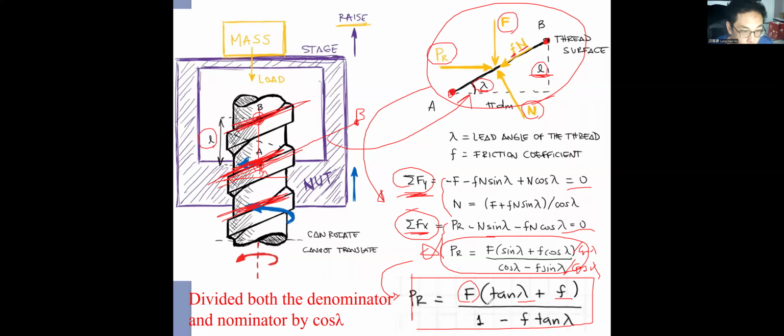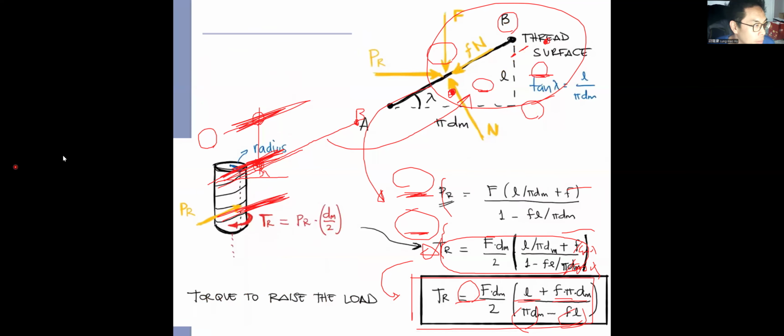So the PR is a function of the load, lambda, and the friction coefficient.